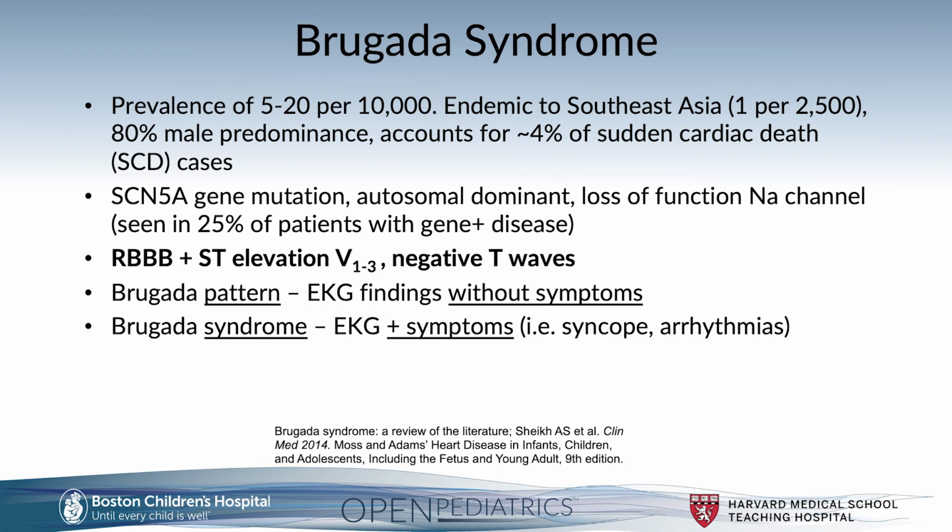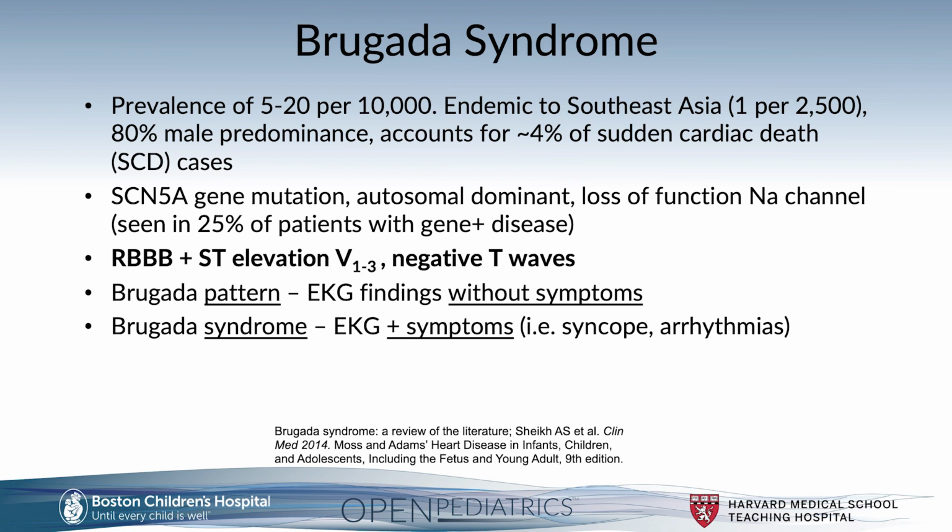Brugada syndrome is due to a mutation of the SCN5A gene, which is inherited in an autosomal dominant fashion and results in loss of function of sodium ion channels, which is seen in 25% of those with gene-positive Brugada disease.